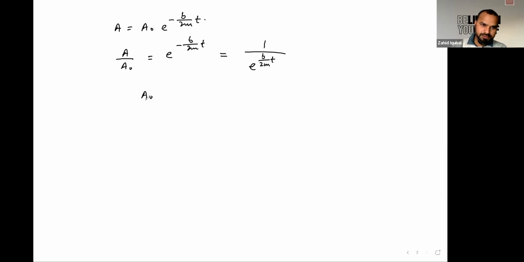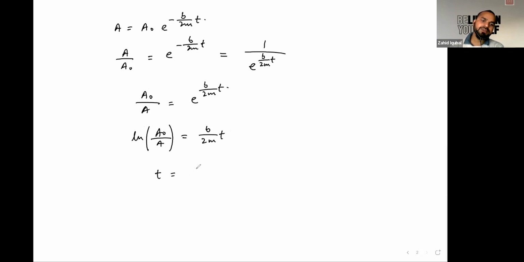So you will get A naught by A as exponential b by 2m into t. Taking log on both sides, so ln A naught by A, and the ln and exponential cancel out, so we're left with b by 2m into t.